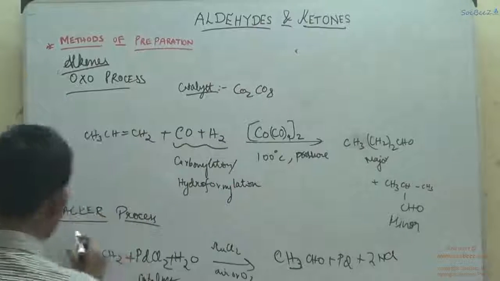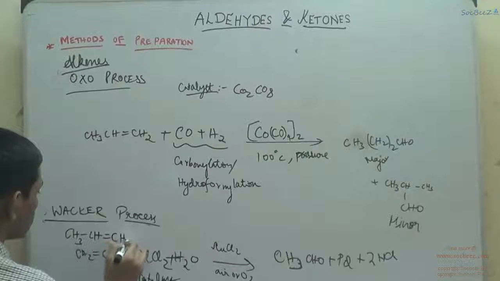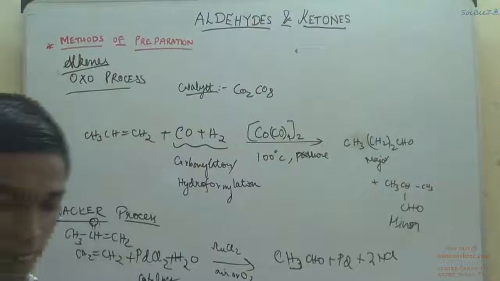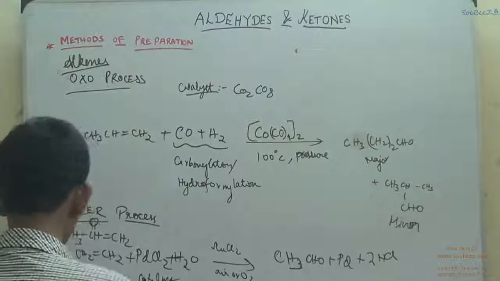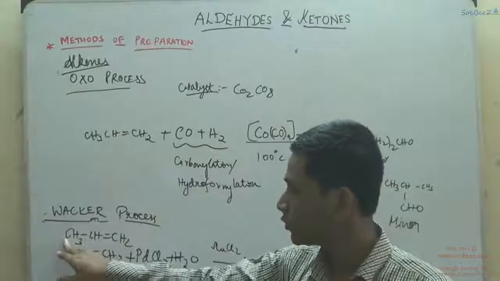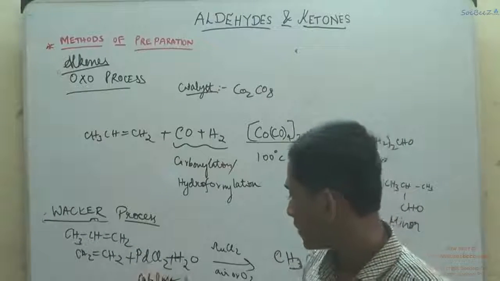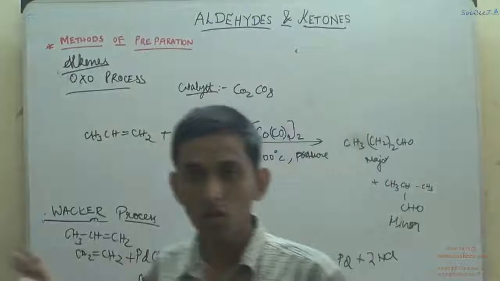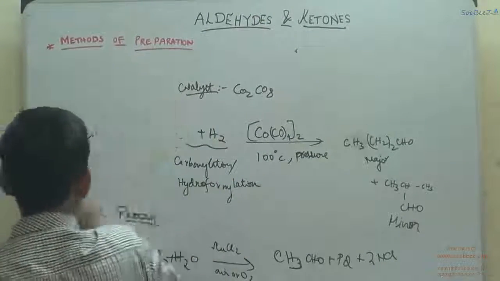Okay, instead of this, if you use CH3CH=CH2, you'll get a ketone instead of an aldehyde. I hope it's clear. Here, if a CH3 group is attached to this, then you will get a ketone, otherwise it's an aldehyde, with palladium chloride and CuCl2 as the co-catalyst. You get aldehyde, and you get back your palladium. So this is the kind of reaction from alkenes.